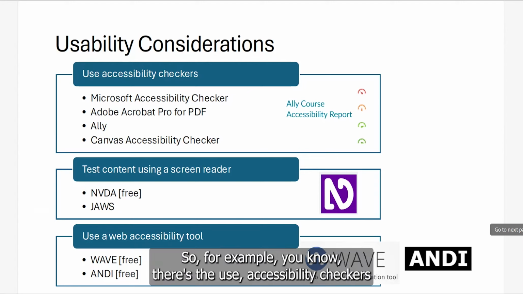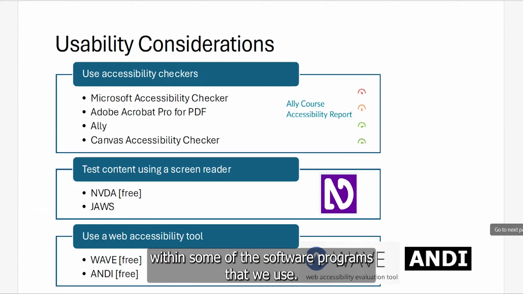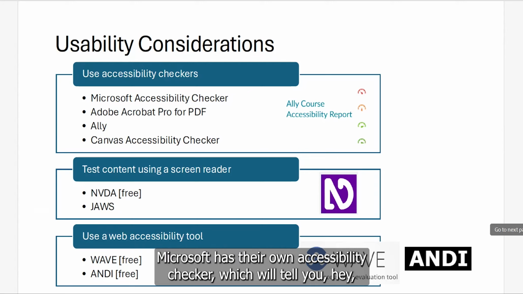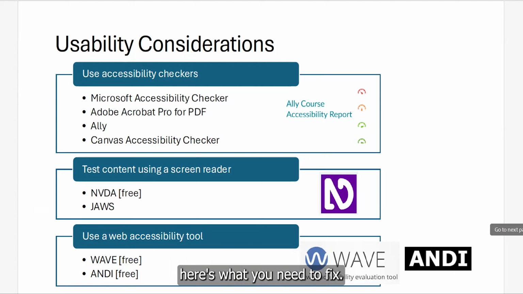For example, there are accessibility checkers within some of the software programs that we use. If you're using Word or any of the Office programs, Microsoft has their own accessibility checker, which will tell you, hey, here's what you need to fix.